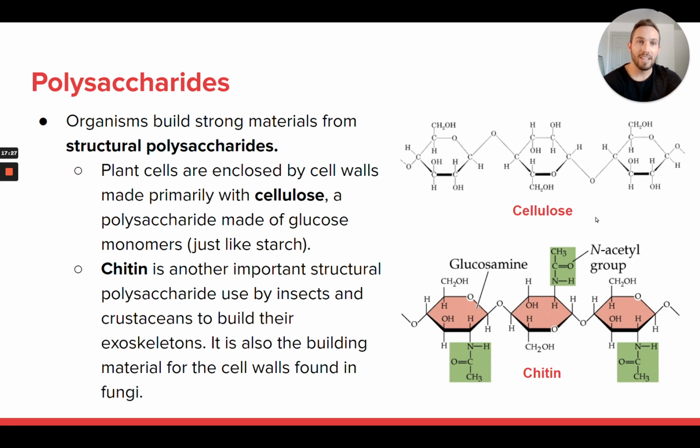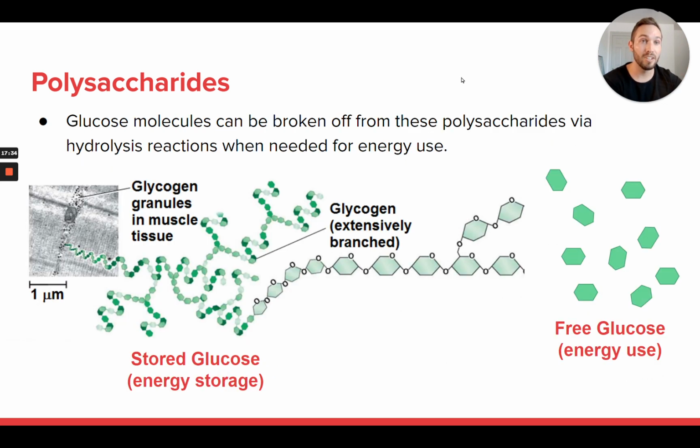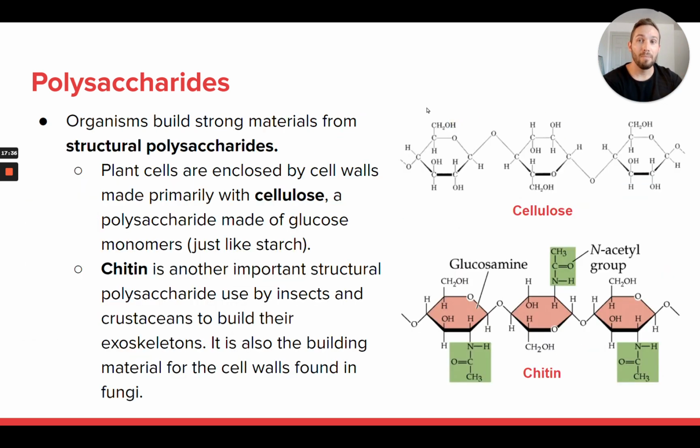Now, structural polysaccharides, these are also polysaccharides. They're made up of monosaccharides bonded together over and over again. But in structural polysaccharides, their purpose is not to be used for energy. They actually are building components of cells or living things. So one example is cellulose. Cellulose is found in plant cells, and it's used to build the cell walls of plant cells.